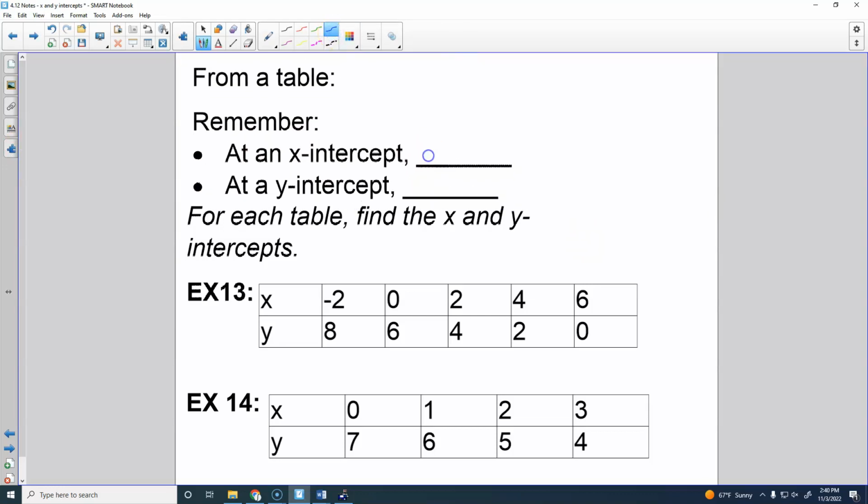Y equals 0. At a y-intercept, x equals 0.